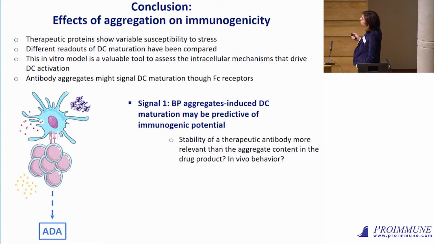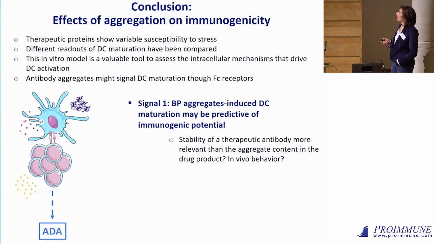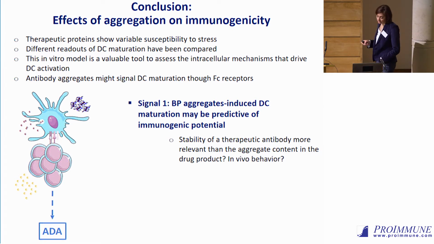But we can also ask if the stability of a therapeutic protein is also relevant as the aggregate content in the drug product. And we can also ask what is the real part of aggregates in inducing in vivo behavior.